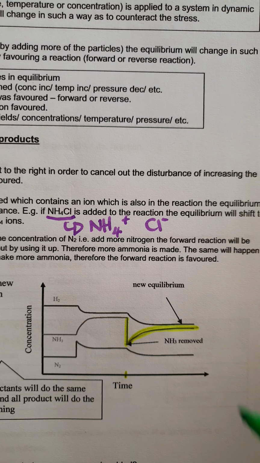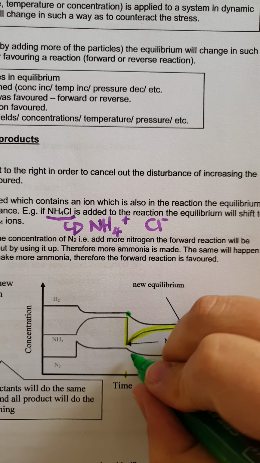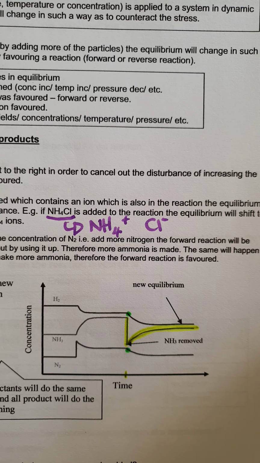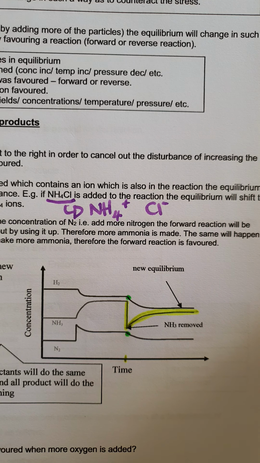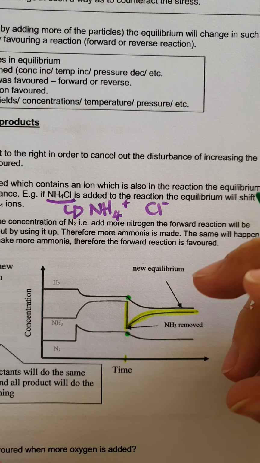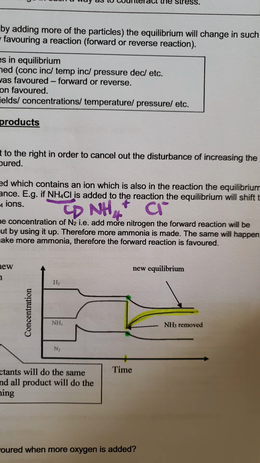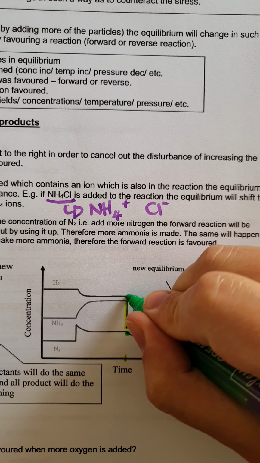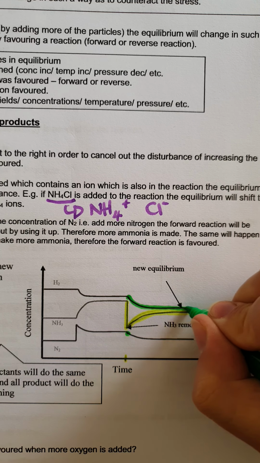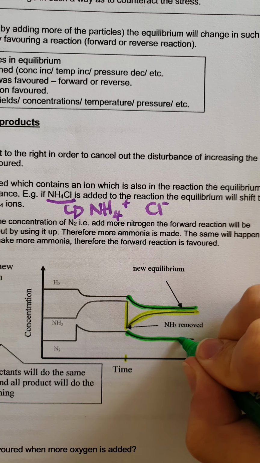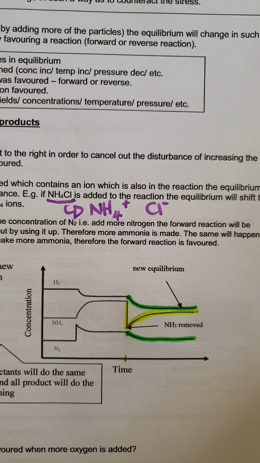At the same point, nitrogen and hydrogen were just sitting there, not bothering anybody, but because all of a sudden the equilibrium changed, they were not in equilibrium anymore. There wasn't any more ammonia, so they started to decrease in concentration as well, because the forward reaction was favored, and so they would be used up in the reaction to make the ammonia.